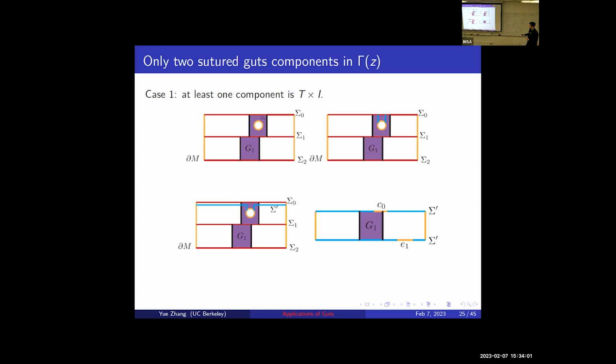Instead of cutting along sigma 0 and sigma 1, now you just cut along sigma prime, and you will have this new pair manifold, right? This small curve corresponds to C0, and the upper curve corresponds to C1 because it goes back to here, right? And the bottom part corresponds to C0, and G1 still remains the same.